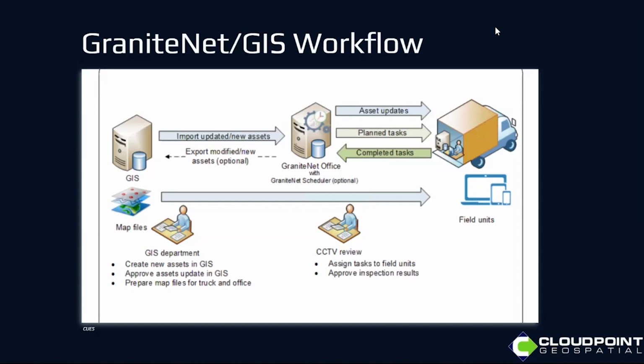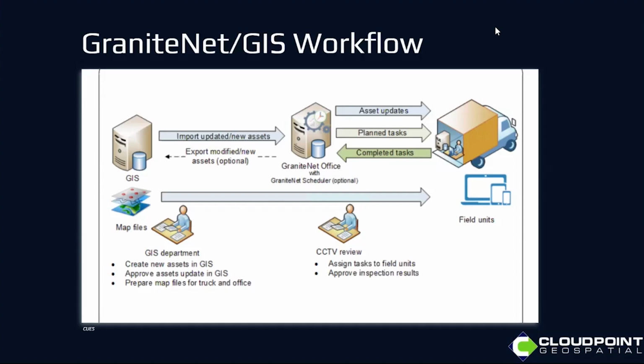So a typical workflow might be that the street department will go out in their camera truck and collect the video inspection. That data is then passed to the GraniteNet office computer, and then that data is sent back to the GIS server, the GIS architecture.